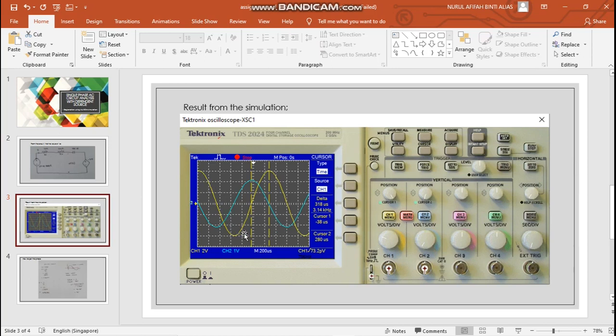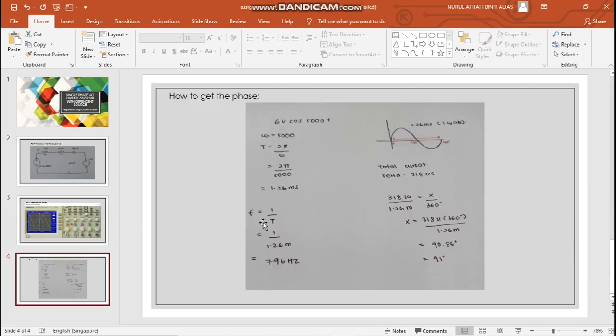For the yellow one and for the blue one, the total period is 318 microseconds. From the graph, we can get the phase of the AC circuit, and I'm using the formula: delta t divided by T equals x divided by 360 degrees.